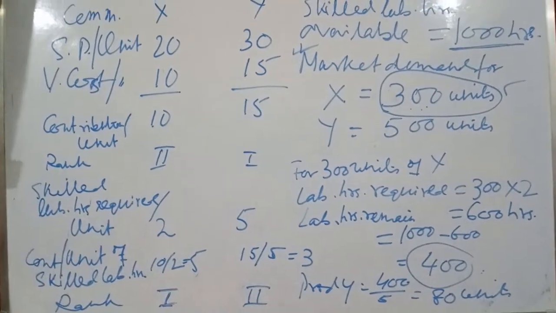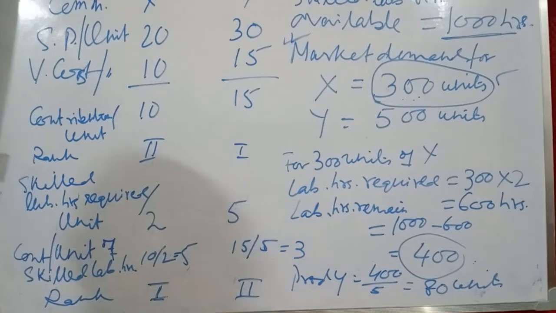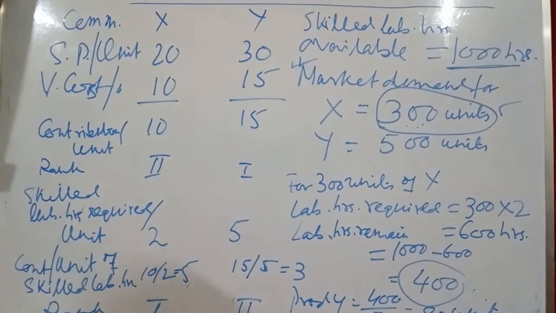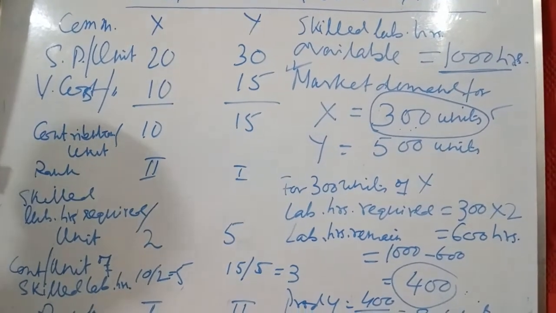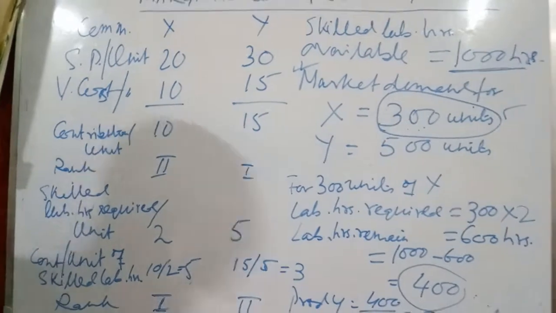So the ranking changes and X becomes first followed by Y. So 1000 labor hours will be fully utilized to produce as many X as possible to meet the market demand.